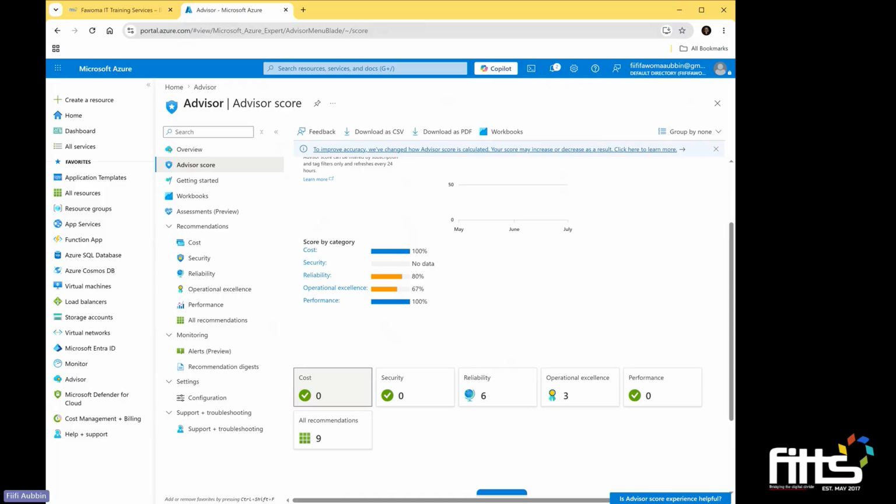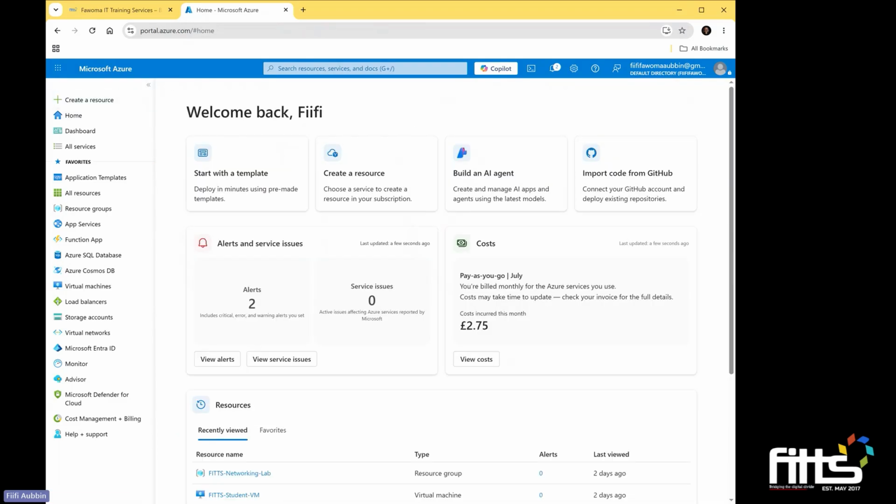So let's do a quick recap. I'll go back to my home so that you can pay attention to what I'm about to say. We learned that Azure Service Health keeps administrators informed about the Microsoft Azure platform by providing information about service issues, planned maintenance, advisories, resource health, and health alerts.